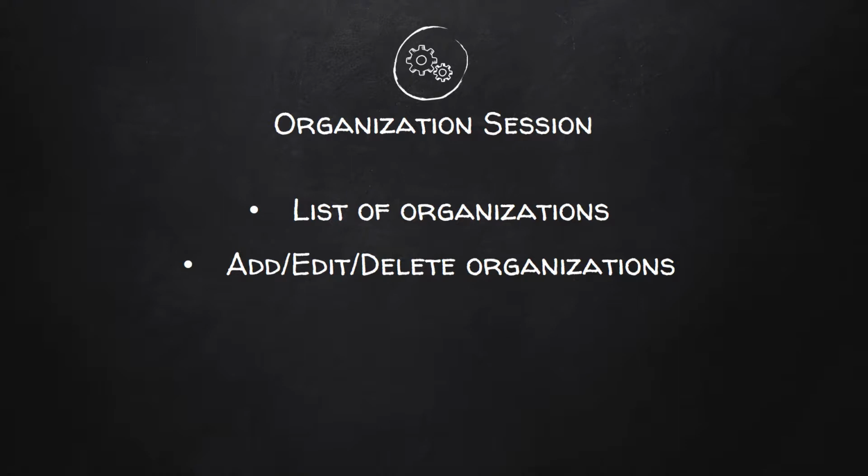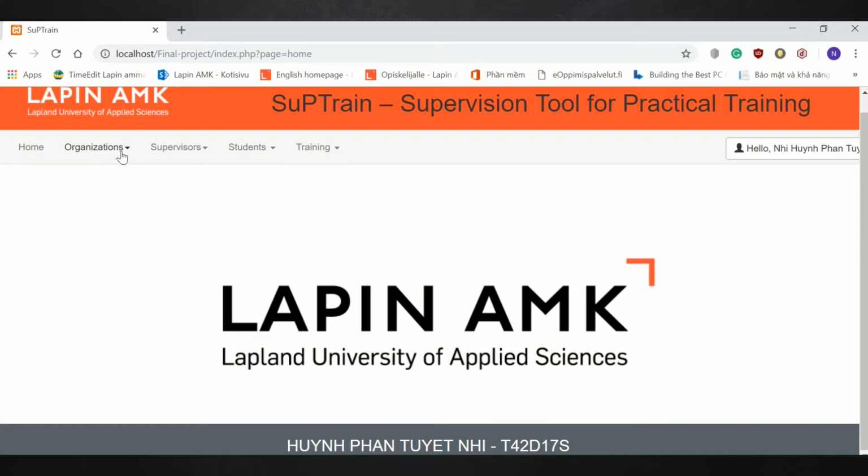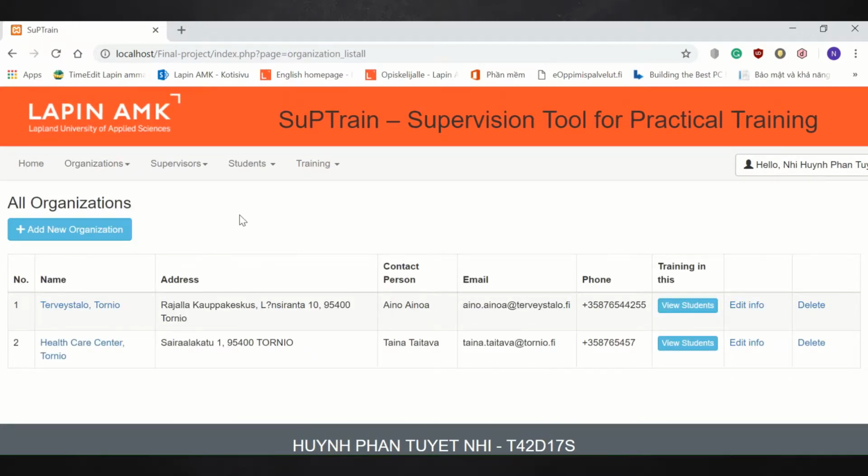Next is about the organization section, and same as the supervisor one, we can edit, delete, or add more information for this section. Here you can find the organization list by looking in here. As you can see, currently there are only 2 organizations on the list.